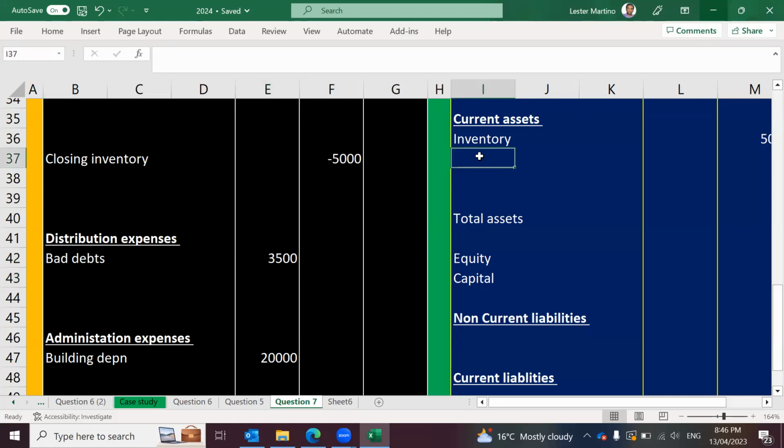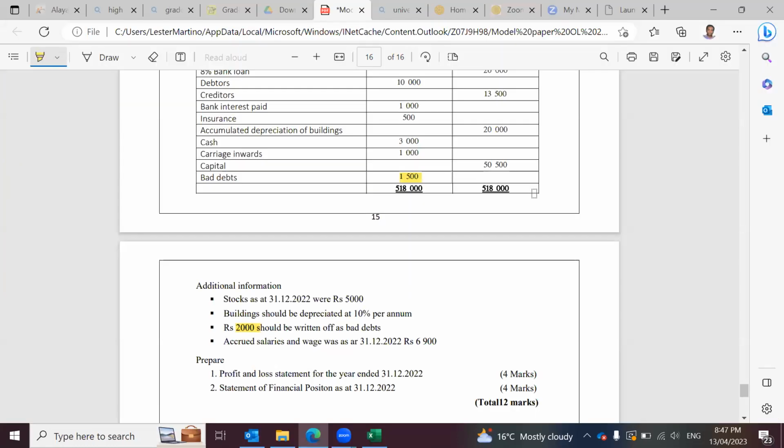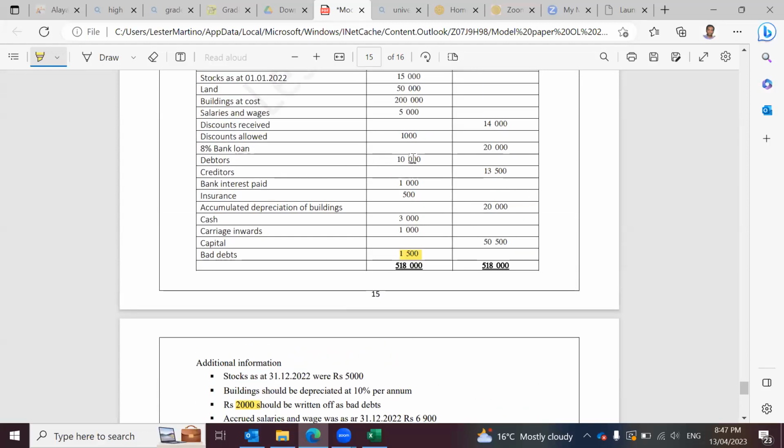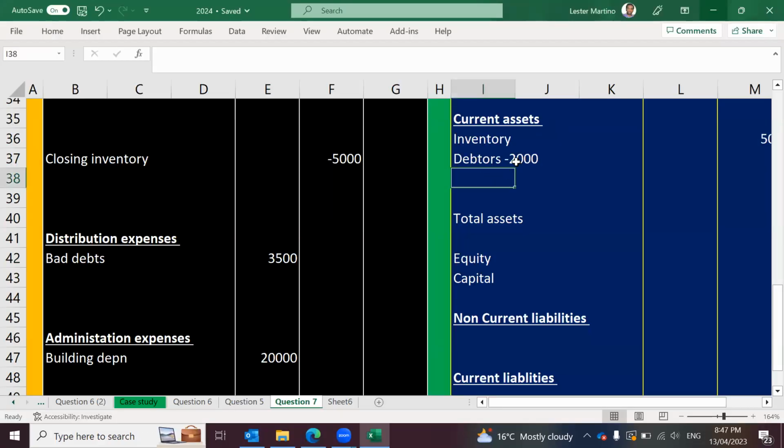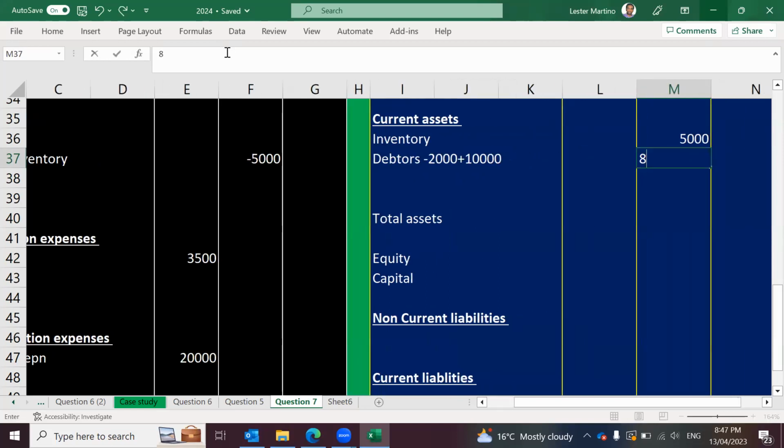And go to current assets, write it down: debtors. You put minus 2,000. So go to the trial balance, search the debtors, 10,000. So 10,000 minus 2,000, answer is 8,000.